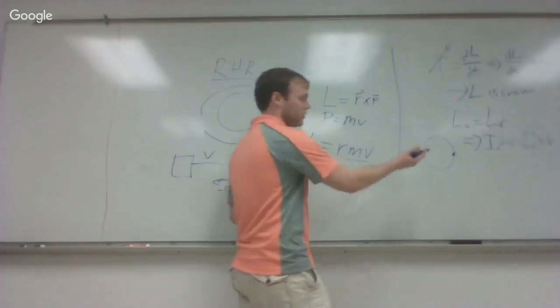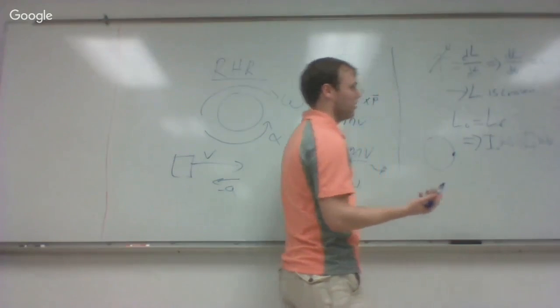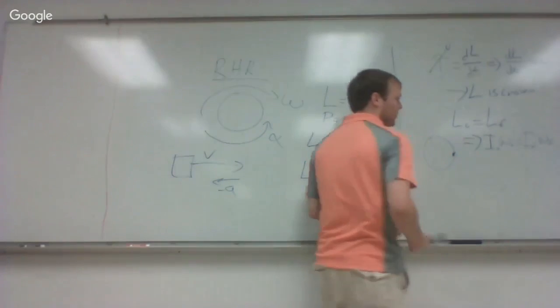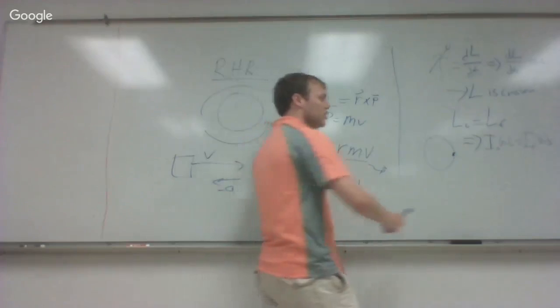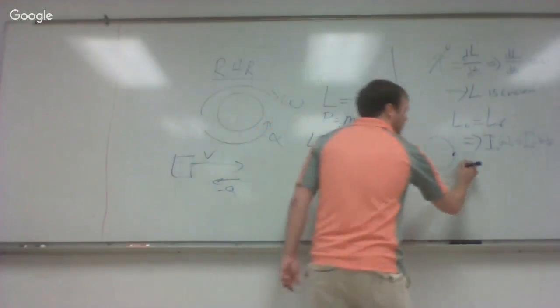So we have initial and final. I initial omega initial equals I final omega final. Then you know that if you change the final inertia in some way, there's going to be a change in the final omega, right? So let's look at this.